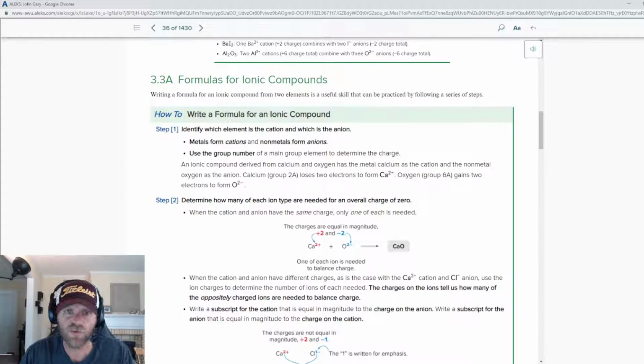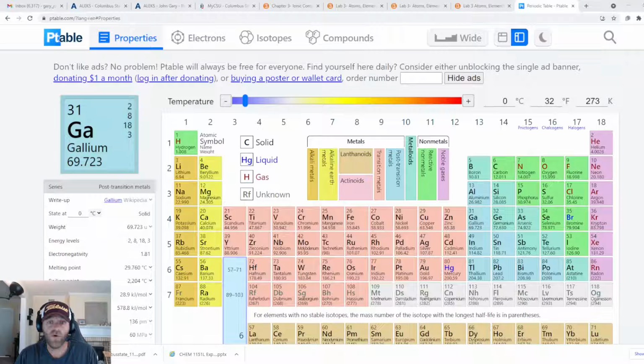But a general rule of thumb is to look for the non-metal on the right. The reason is that fluoride, chloride, bromine, iodine are almost always going to have a 1 minus charge when it comes to ionic compounds.